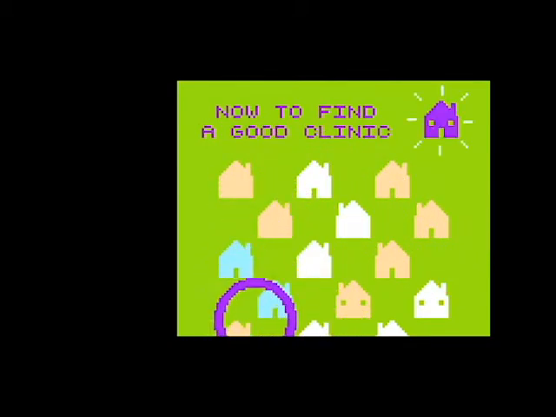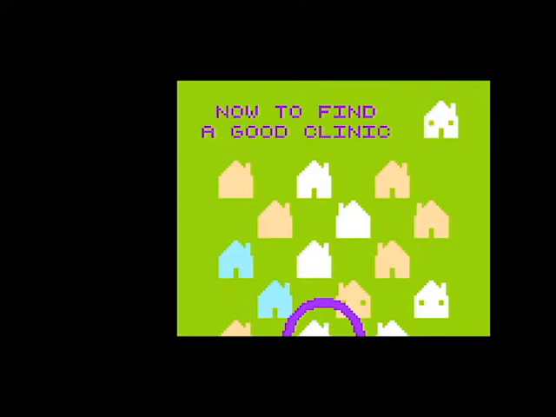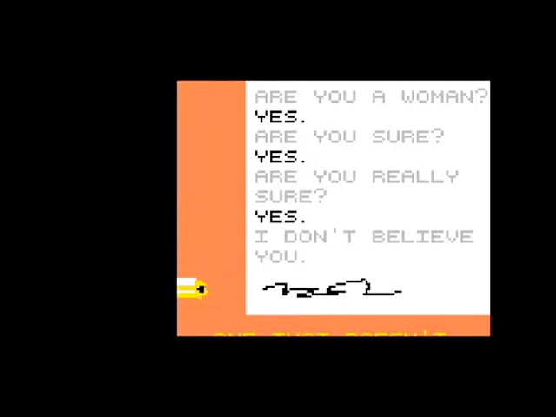A lot of the bits and pieces of the writing in this game are kind of crude, but I would argue that it just makes it more honest, more real. So right now we're going to find a clinic, and I find this interesting. I'm a cis person, so I could never understand this experience completely, but I like to believe that what this game achieves is senses of empathy and sympathy.